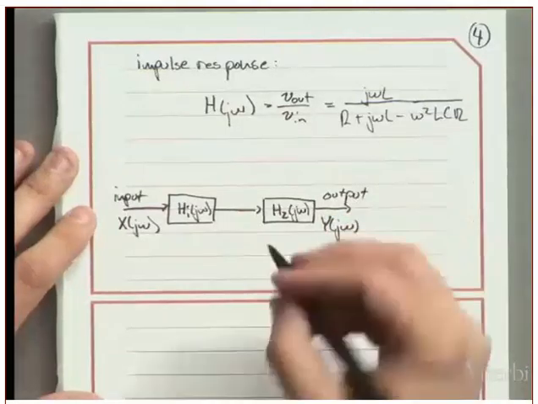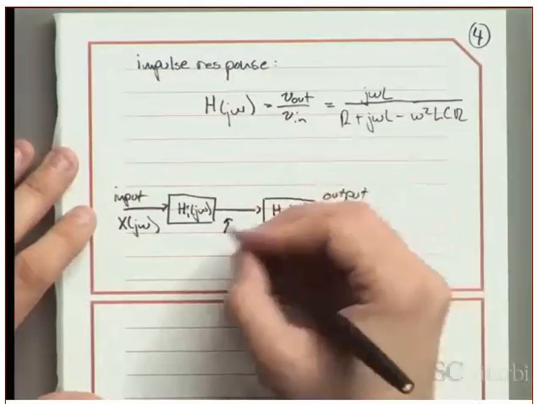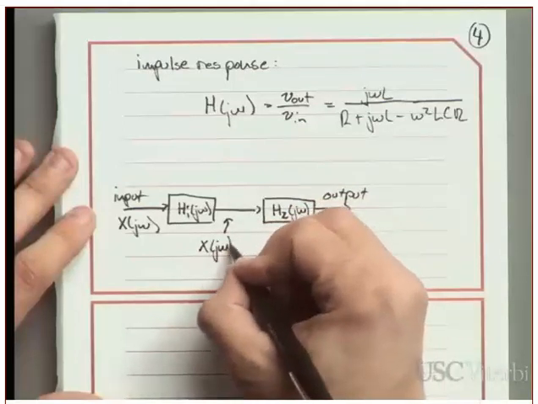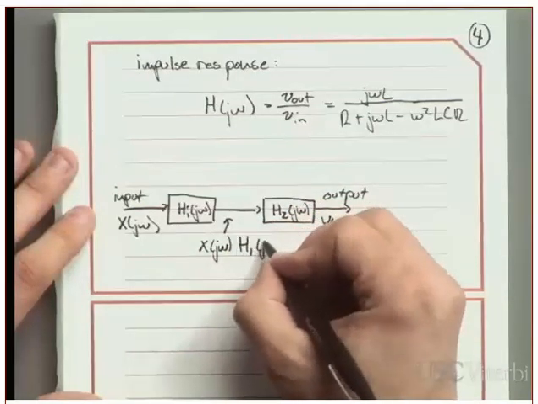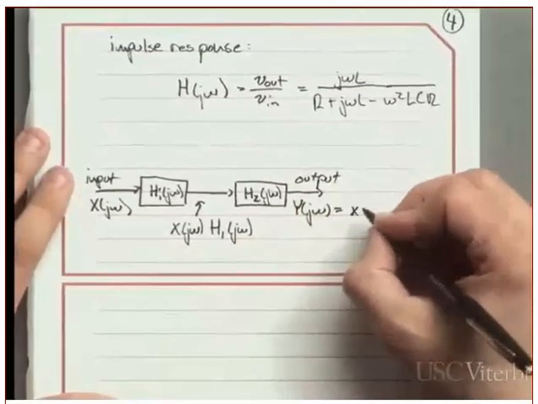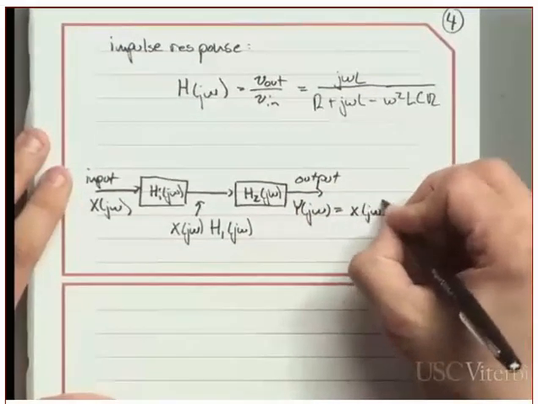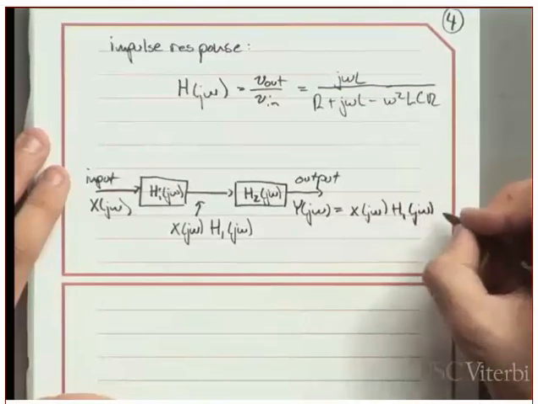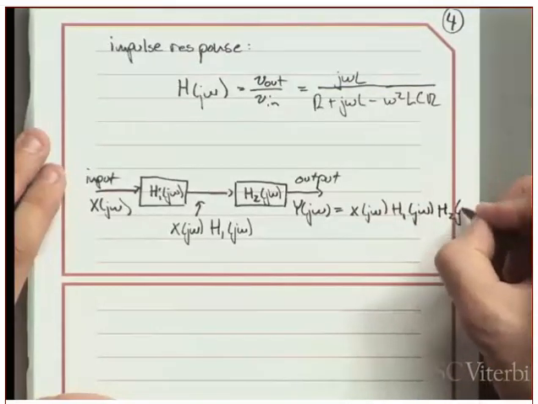If I look at what's going on here, in frequency domain, at this point, the signal is X of j omega times H1 of j omega, and my output is simply my input times the first system times the second system.